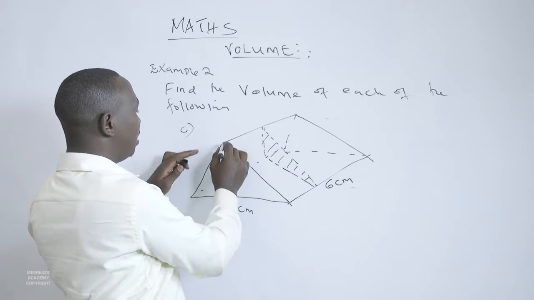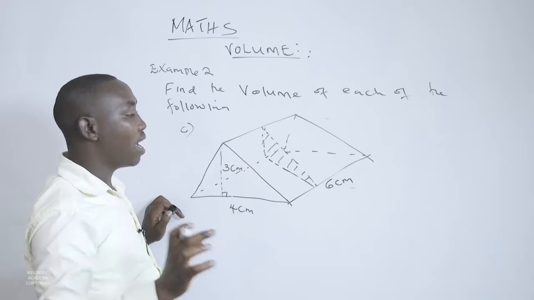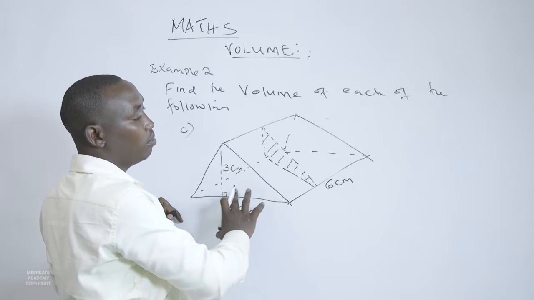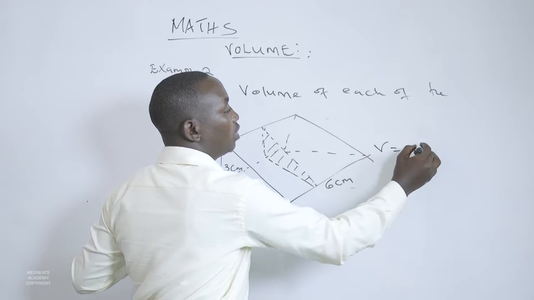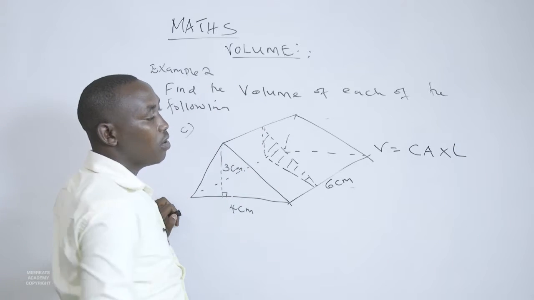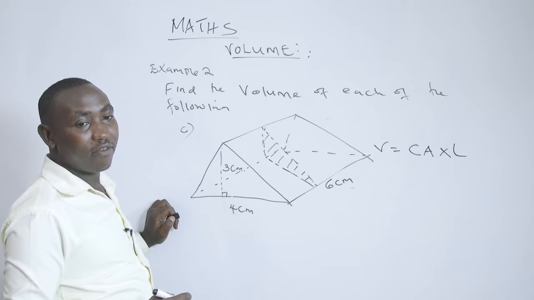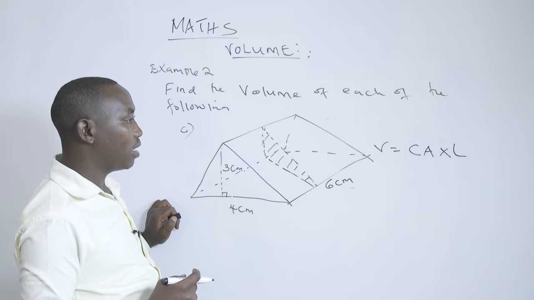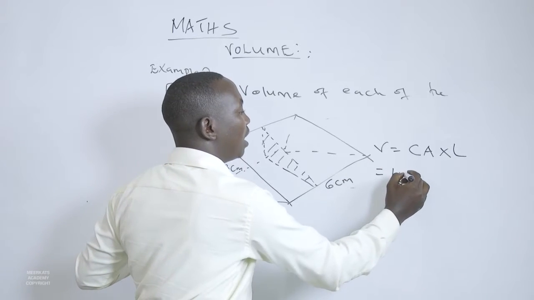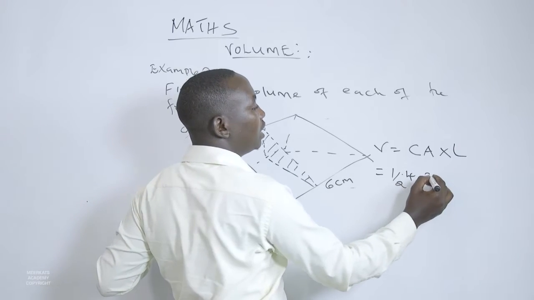So that tells us that this triangular surface is the cross-sectional area of our solid, and therefore to find the volume of this figure, we need to get the area of the cross-section and multiply by the length, which in this case is 6 units. Because we have a triangular cross-section, the area is given by a half multiplied by the base, which is 4, multiplied by the height, which is 3.